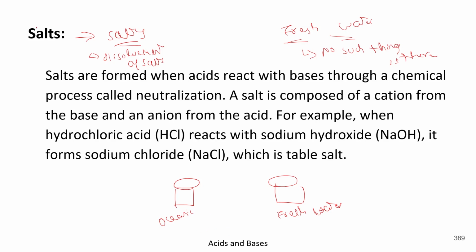Because salts have a savory taste, whereas fresh water does not have any savory taste. Got it? So when you drink this water and find that it is very savory, you can say it is oceanic water. But if you find the water taste is neutral, you can say sir, it is river water. That's how you can find out whether it is oceanic water or fresh water.